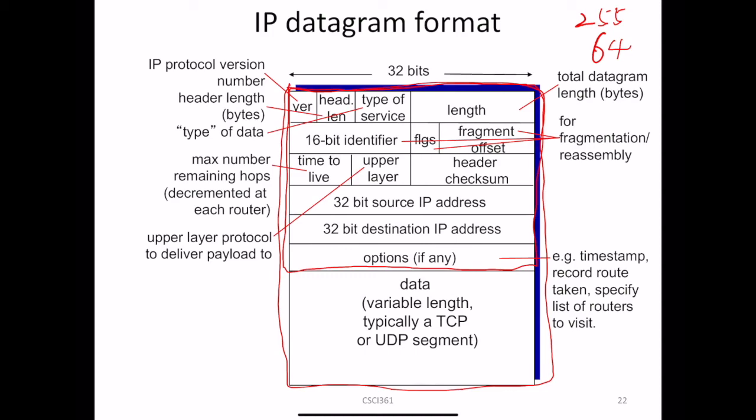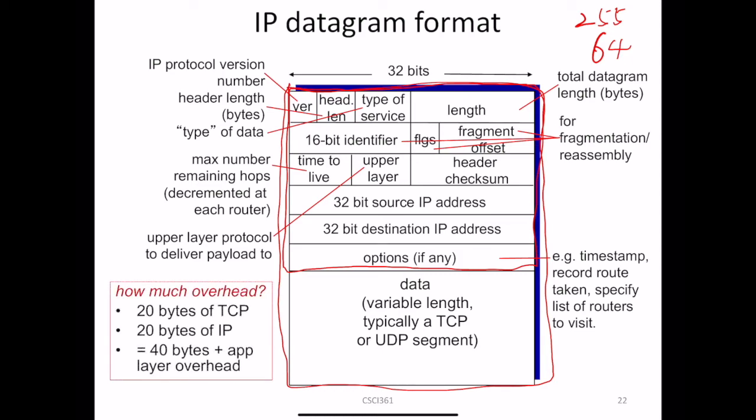For the options, for example, the timestamp, the record route taken, or a specified list of routers to visit, if the developer wants to add this kind of information into the datagram, it goes here. And the last part is the real data. It is typically a TCP or UDP segment. However, if the type of service indicates an ICMP type, the ICMP message will go into this area.